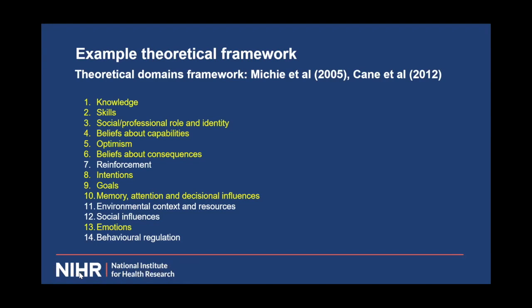Here we see the theoretical domains framework. The authors identified a total of 128 constructs from 33 psychological theories and distilled them into the 14 domains we see here, with definitions also available. The rationale was to make psychological theory more accessible.